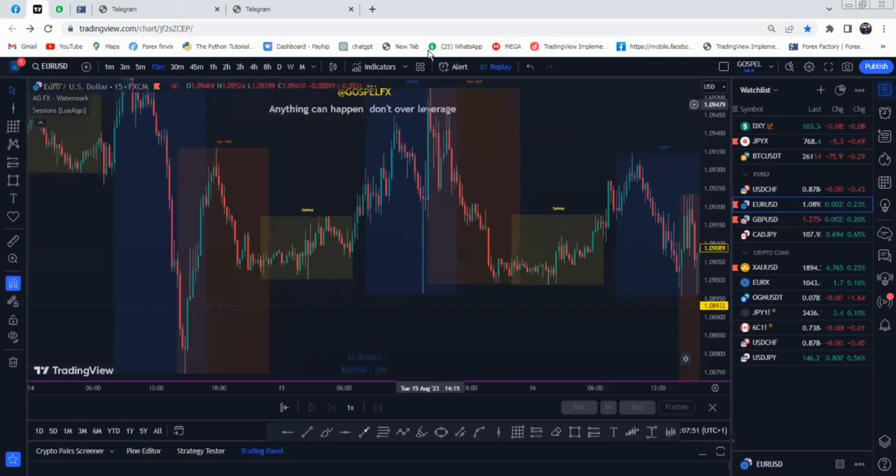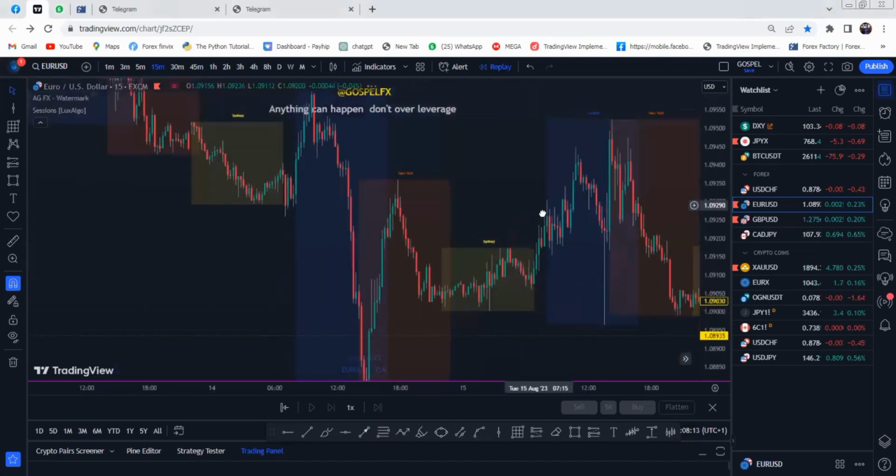Now another example again here: during the Asian session, price was barely moving. When London opened, we had a nice sweep up, and then during the overlap of the London session and the New York session, price came right down to this point, and then again expanded down. But during the Sydney or Asian session again, price started accumulating.